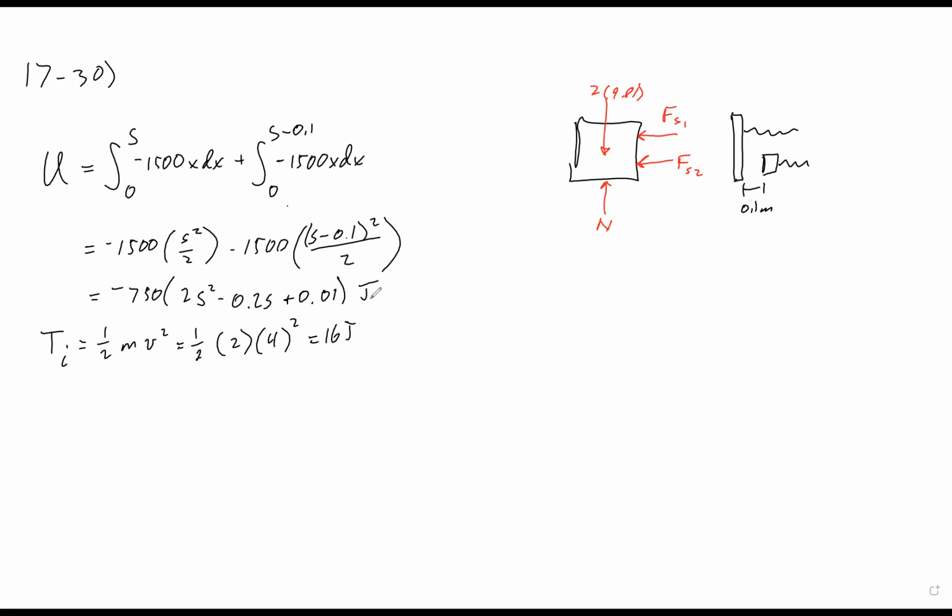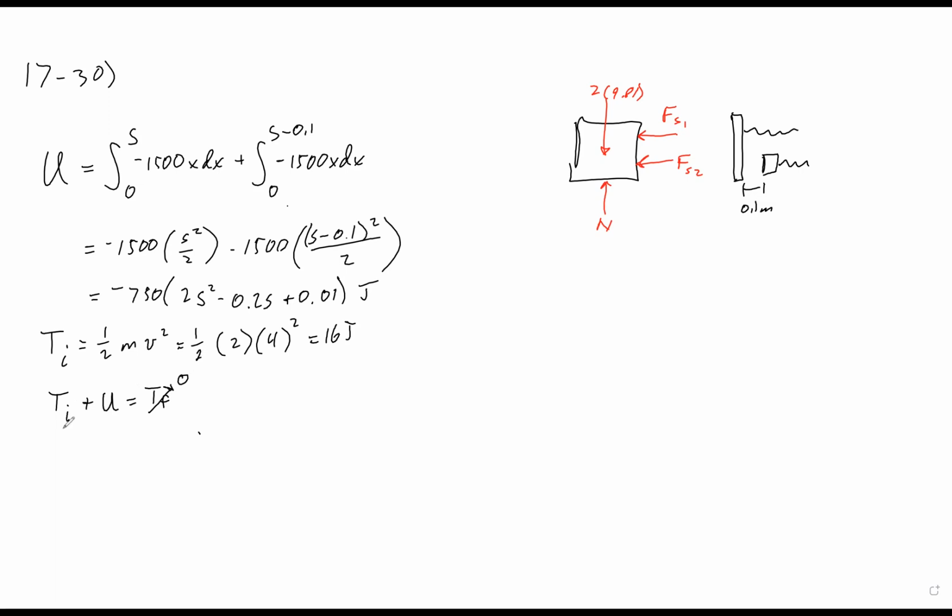Then we take the work energy equation: the initial kinetic energy plus the work done on the object is equal to the final kinetic energy. We plug in the values, but what is the final kinetic energy? We are wondering how far the box travels when it comes to rest, so the final kinetic energy is 0.